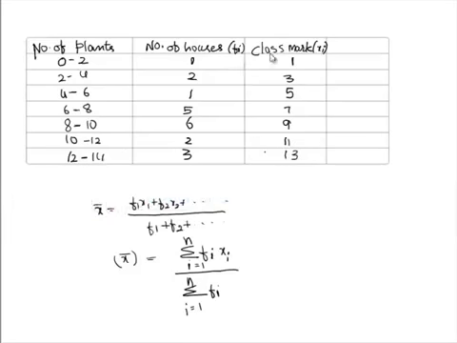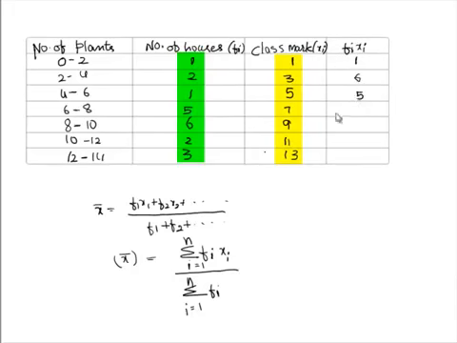As we know frequency fi and class mark xi, now we find the product fi xi. That is 1 into 1 is 1, 2 into 3 is 6, 1 into 5 is 5, 5 into 7 is 35, 6 into 9 is 54, 2 into 11 it's 22, and 3 into 13 it's 39.